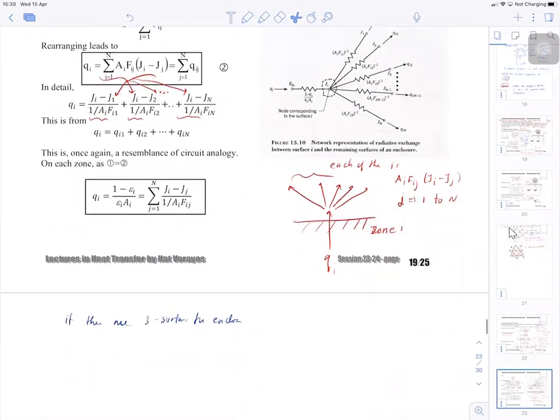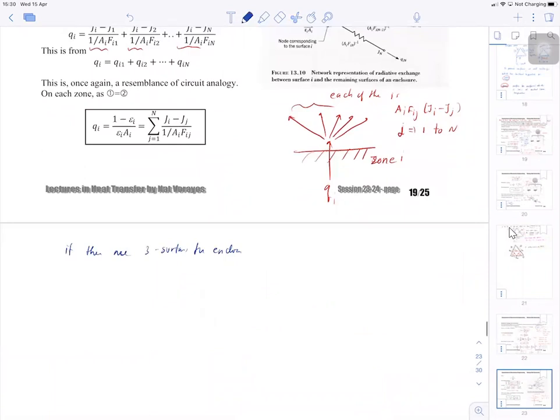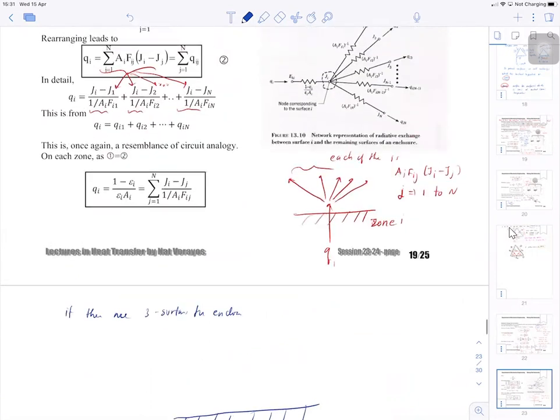If there are three surfaces enclosure, what happened? It seems that this is surface 1, because you know that Q1 is going to be equal to summation of I equal to 1 to 3 surface, okay?